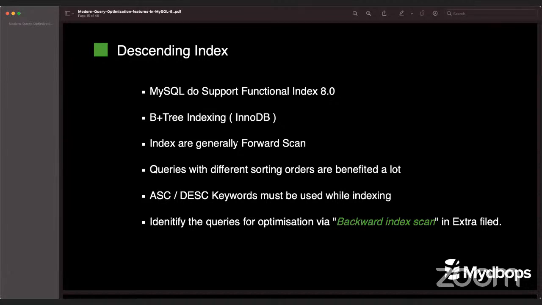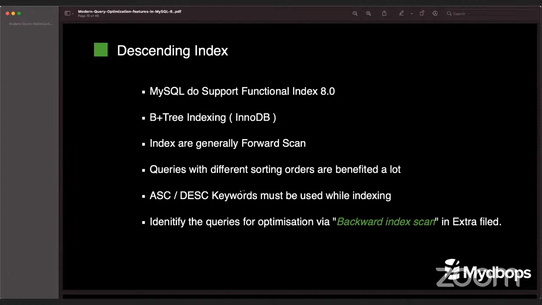You can use them as part of your index definition and make your queries work really better. The benefit is also there: you can reap about 10 to 15% benefit by having an ordered index, as forward scans are much better compared to backward index scans.